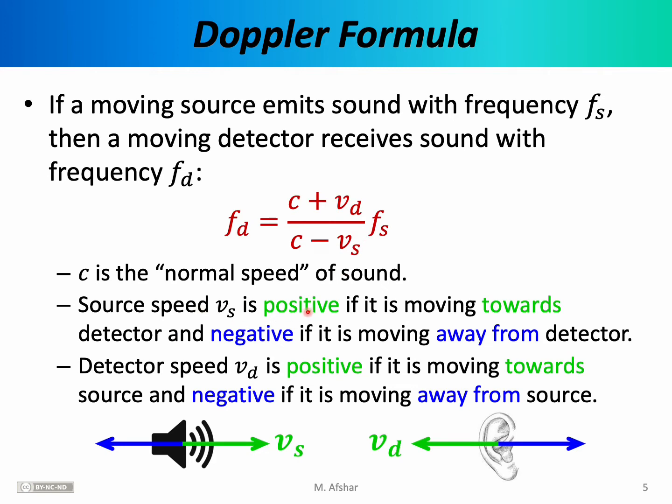The source speed is positive if it is moving towards the detector, but it is negative if it is moving away. Similarly, the detector speed is positive if it is moving towards the source, and it is negative if it is moving away from the source. So keep in mind that there is already a minus sign built into the equation, but in addition to this minus sign, V sub s could be positive or negative itself, depending on whether it is moving away or towards the detector.